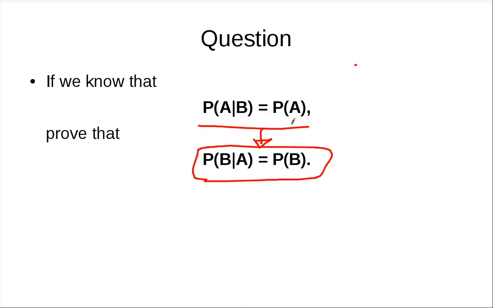This means that if B occurs, it doesn't change the probability that A occurs, right? So this is the counterpart of that: you know that A occurs, and it doesn't change the probability that B occurs. All right. See you in the next clip.